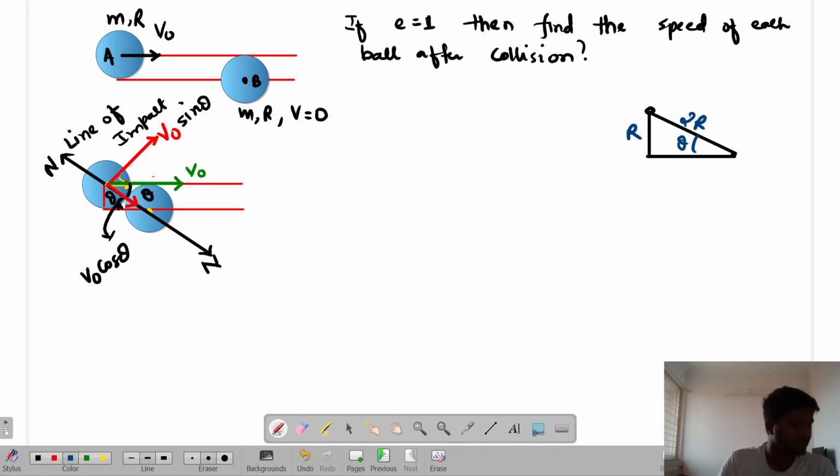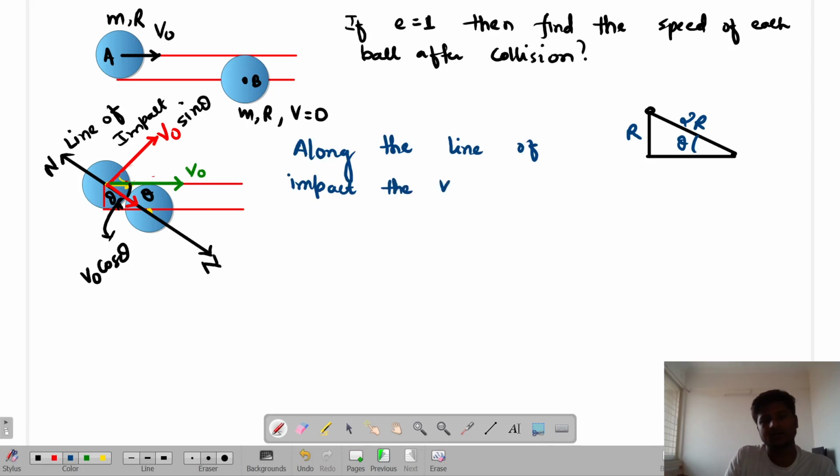Now the point arises of how to write the equations, isn't it? Now if e is exactly equal to 1, what is it saying? For this, if this is ball B, along the line of impact, the velocity will be transferred to B, isn't it?